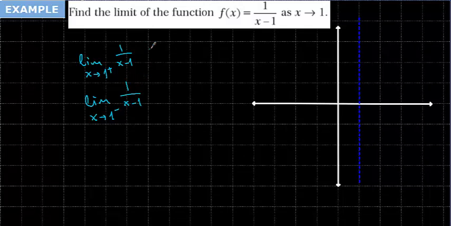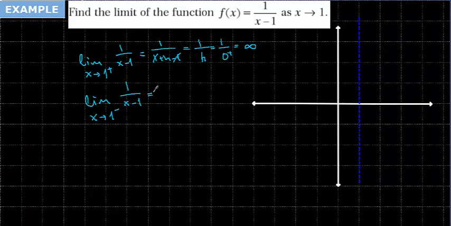Here to understand easily, if I replace x by 1 plus h, it's going to be equal to 1 over 1 plus h minus 1, and the result is going to be 1 over h, and 1 over h is equal to 1 over 0 plus, which is equal to infinity.